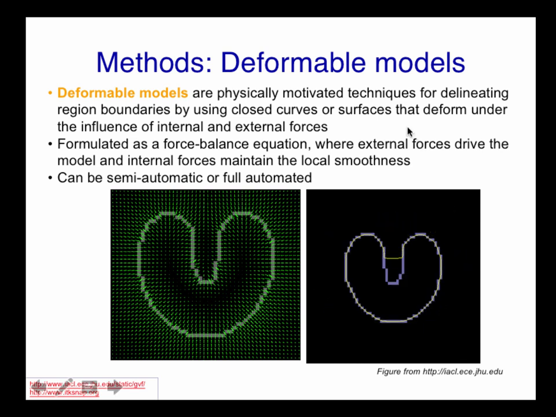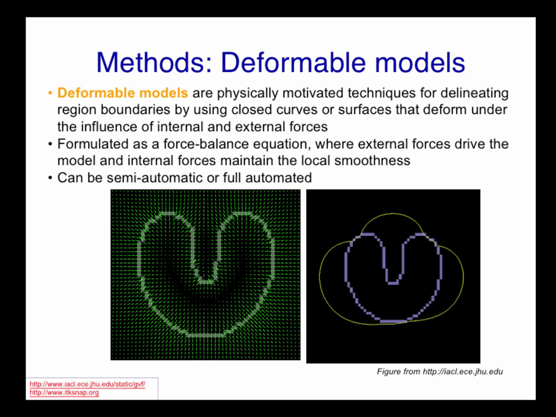This is a third method which is commonly used in a semi-automatic fashion. This is going to be the last one I mention that's semi-automatic. This class of methods is called deformable models. They're physically motivated techniques for finding region boundaries by using closed curves or surfaces that deform under the influence of internal and external forces.